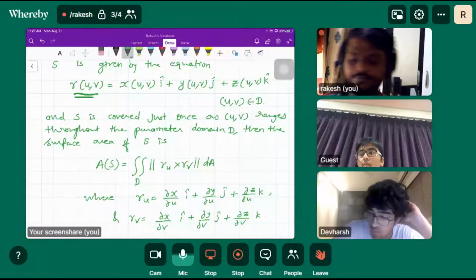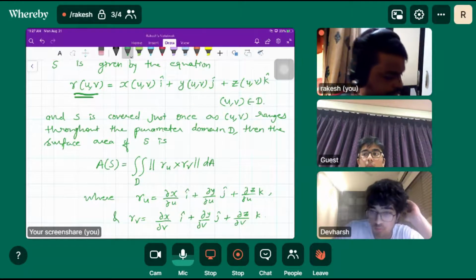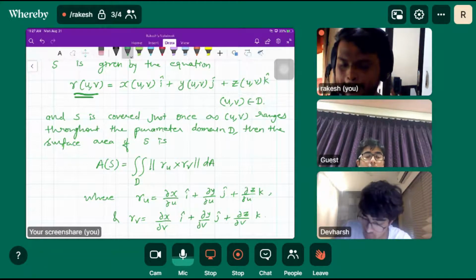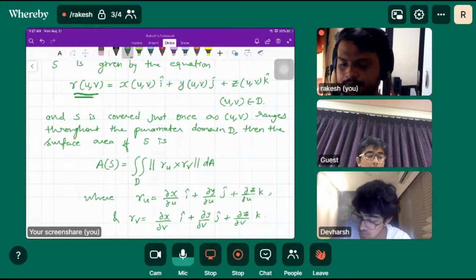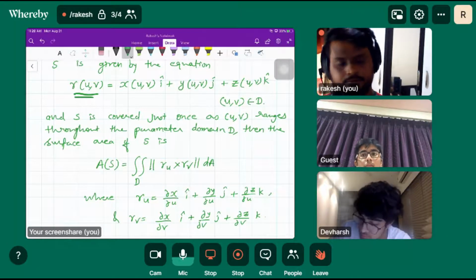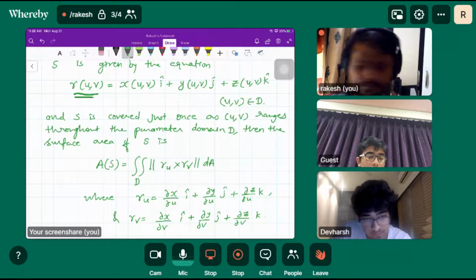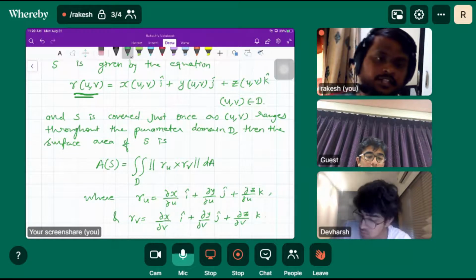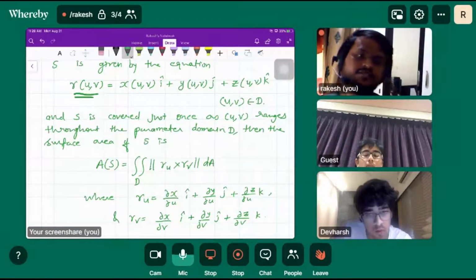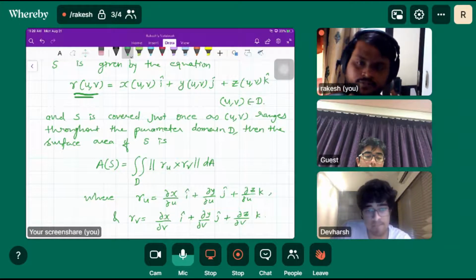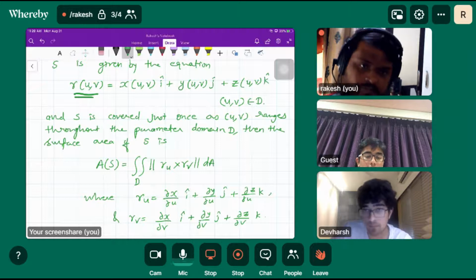Got the idea here? This gives the surface area, of curved surface area, I would say.